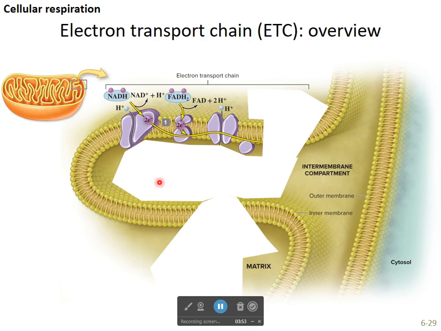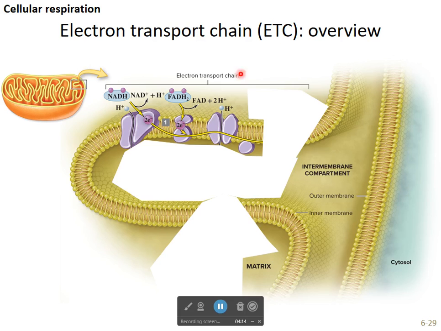You see where it's going, we're accumulating H plus here, so it's becoming pretty acidic. That is why it's in between 2 phospholipid bilayers, because that acidic compartment doesn't need to be in contact with the cytoplasm, where all the reactions important to the cell take place. You don't want to mess up those enzymes, those protein structures, right, by creating acid.